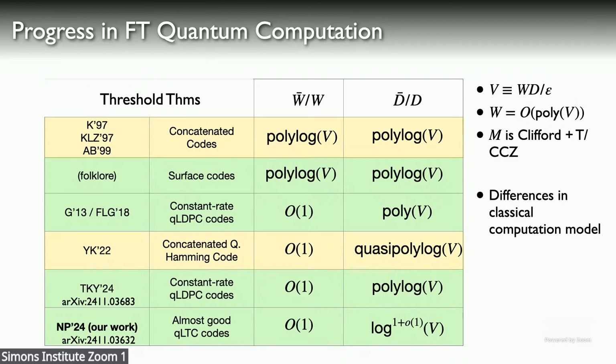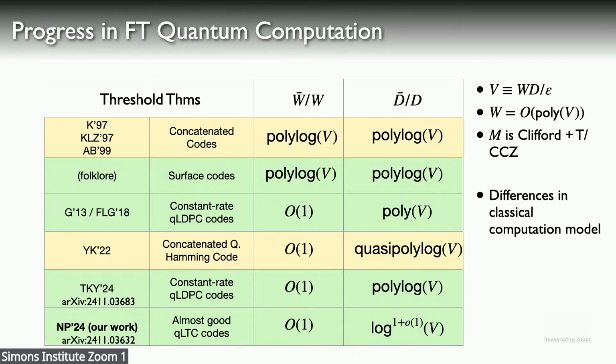For the rest of the talk, I'll state the model, and then I'll sketch roughly the interesting bits and pieces of our proof. You should think of this circuit as being Clifford plus T, or in our case, Clifford plus CCZ. It's not too difficult to convert back and forth as long as you're not asking for very low depth circuits.